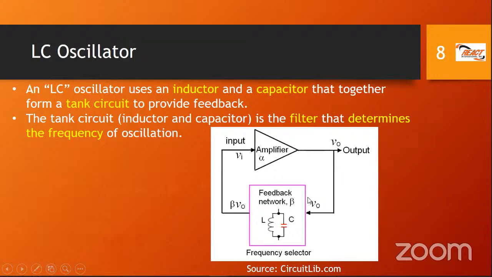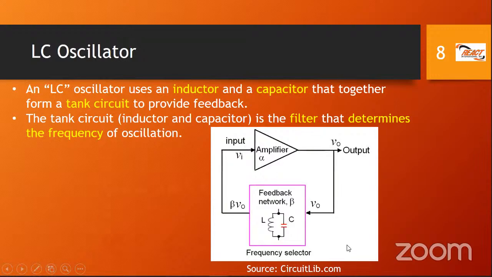All right, so if we were to look at the diagram here, here's our trusty inductor, our trusty capacitor, and this circuit here is referred to as a tank circuit, and the feedback for our oscillator goes through the tank circuit. So very similar to the previous diagram, but we broke out the block diagram and showed you a little bit of the inside.